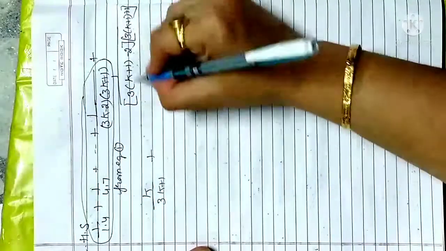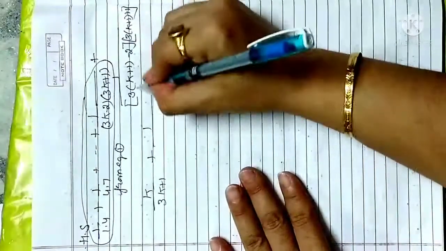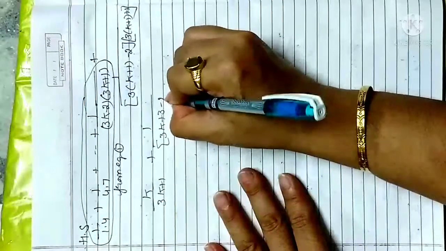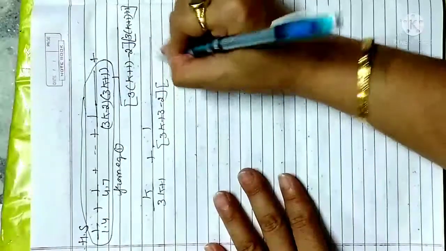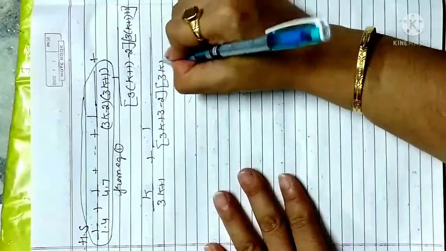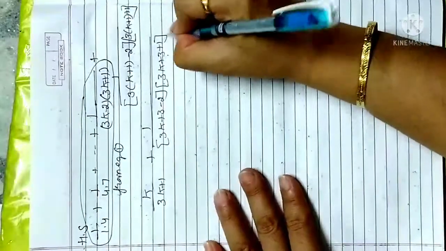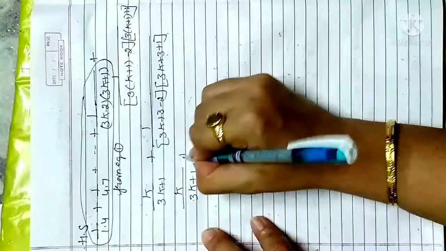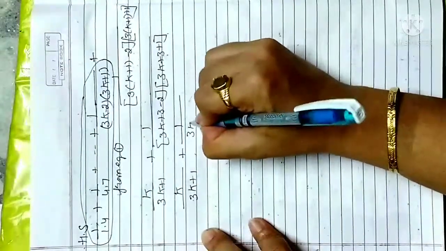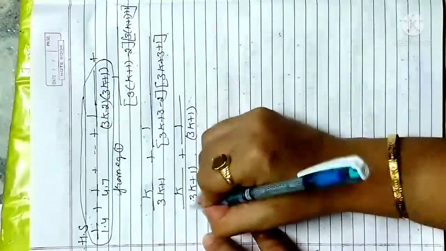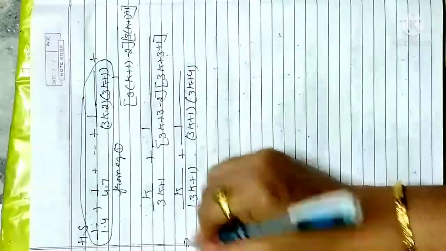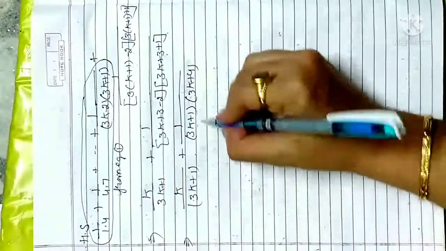Okay, so for the rest of the terms, when you open the bracket here, that is 3k plus 3 minus 2, and in the second part of the bracket 3k plus 3 plus 1, and my required term will be 3k plus 1, plus 3k plus 4. Now I will take 3k plus 1 common outside.